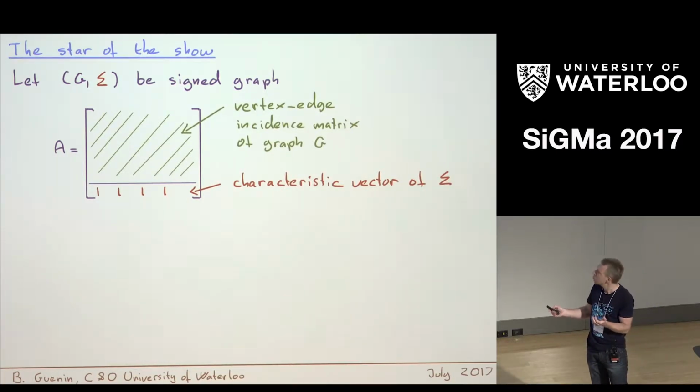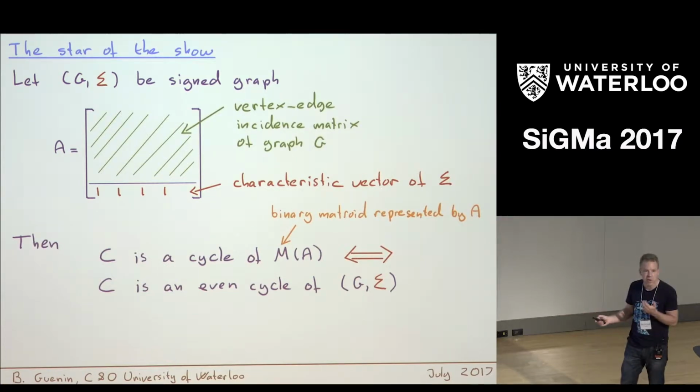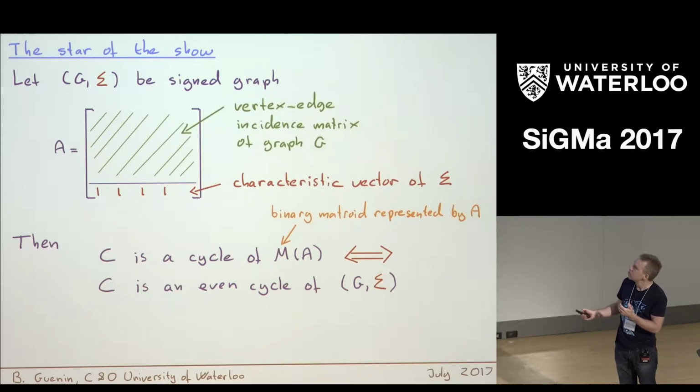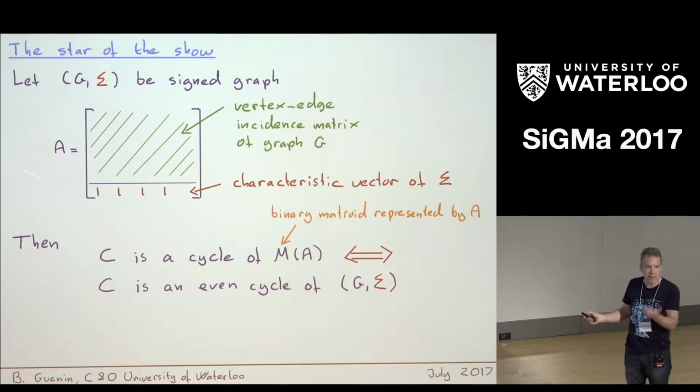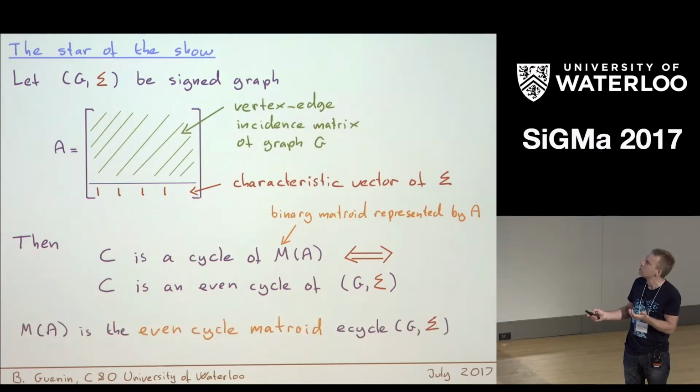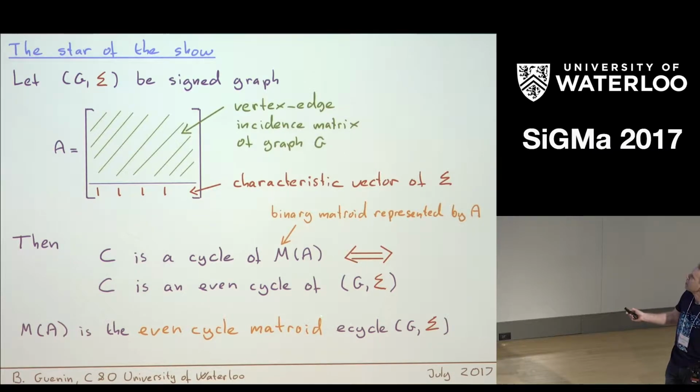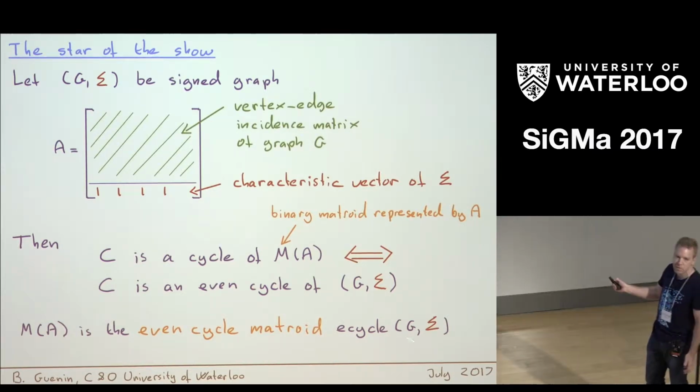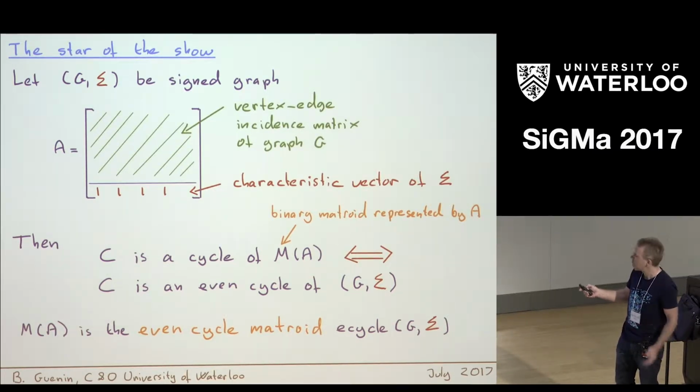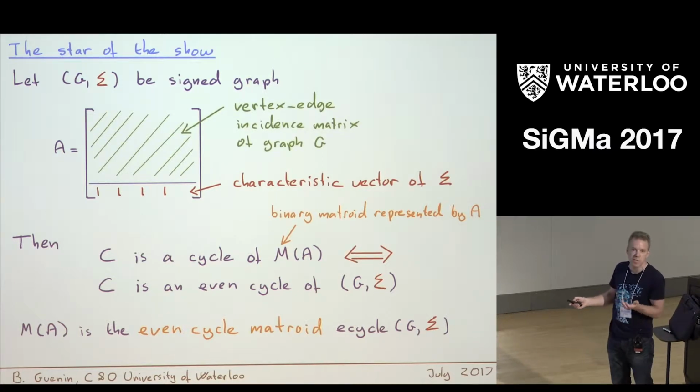Now I can look at the binary matroid which is represented by that 0-1 matrix, and you can easily check that the cycles of that binary matroid are exactly the even cycles of my signed graph. So we're going to call such a matroid an even cycle matroid, and I will denote it by E-cycle of the signed graph. Okay, so that's the definition of even cycle matroid.